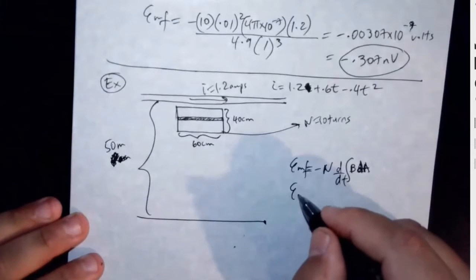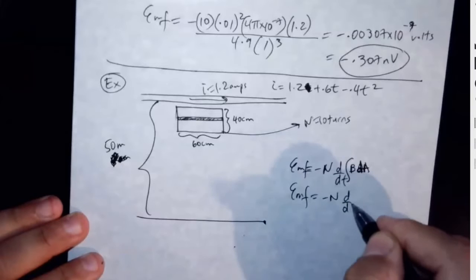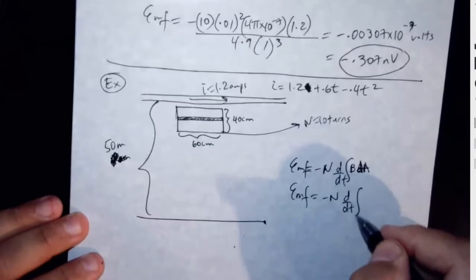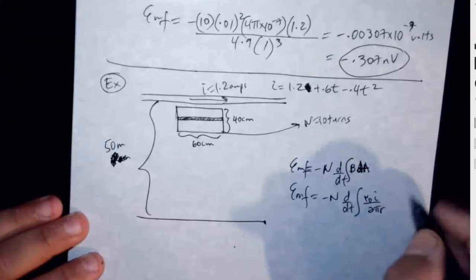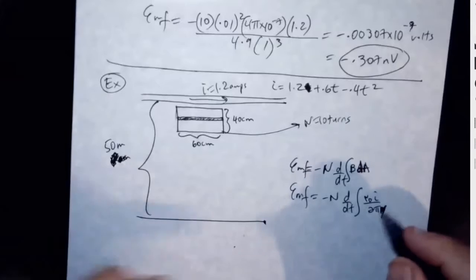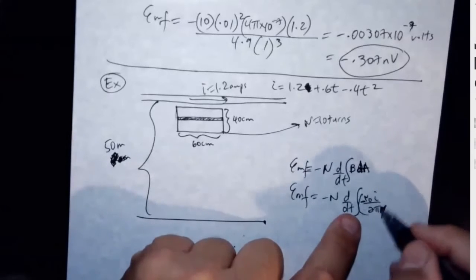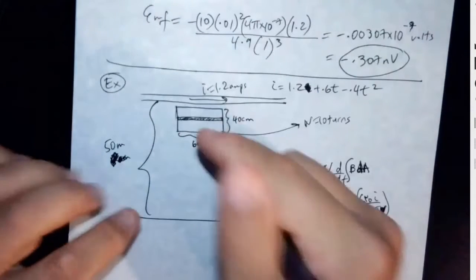Then I'm going to say negative N d by dt. What's the B? Mu 0 I over 2 pi r. Well, let's call it 2 pi y, right? But then that's negative because based on this, the field is into the board, right?